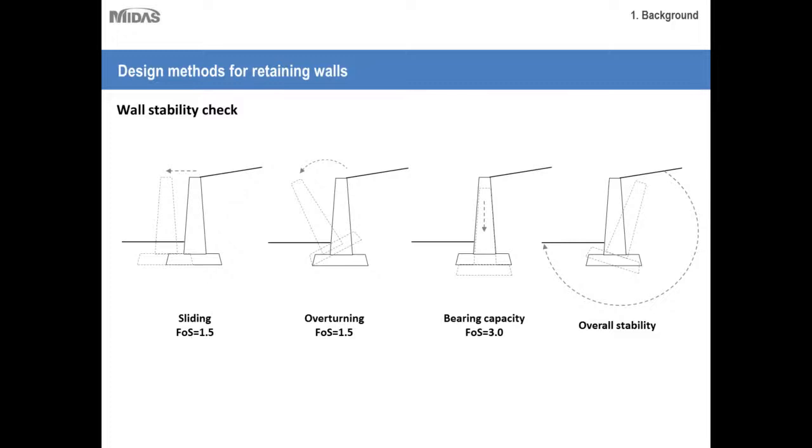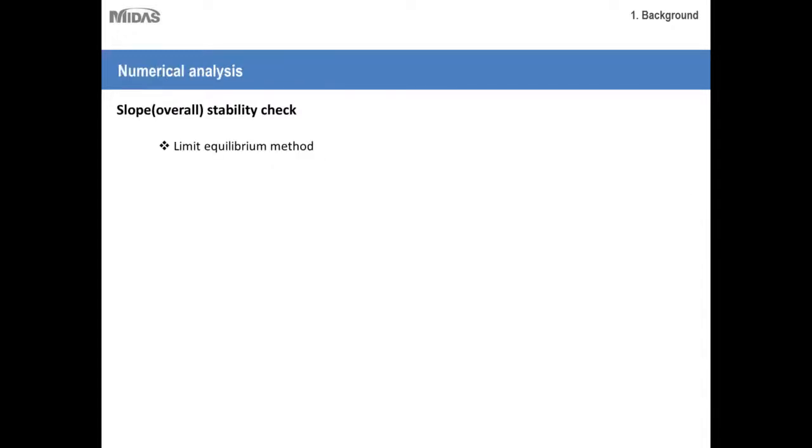And if that failure occurs, then you can take precautionary measures well in advance. So basically this overall stability check, also known as the global failure check, can be done only through a numerical analysis method. So let's talk about how numerical analysis helps you with slope stability or the overall stability check.